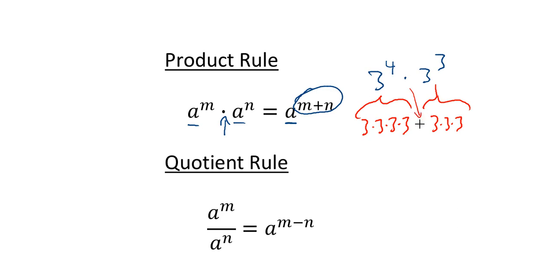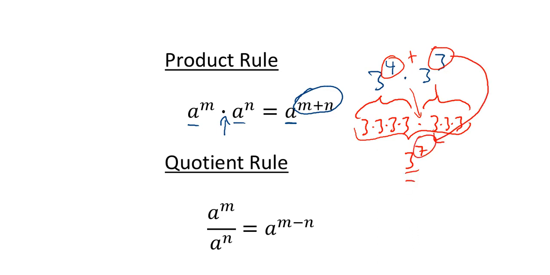And these two things are getting multiplied together. Now I have 3 being multiplied to itself how many times altogether? 7. Right. And so instead of having to do it this way every time, we know there's a shortcut. We just take this exponent plus this exponent, and that gives me the new exponent.